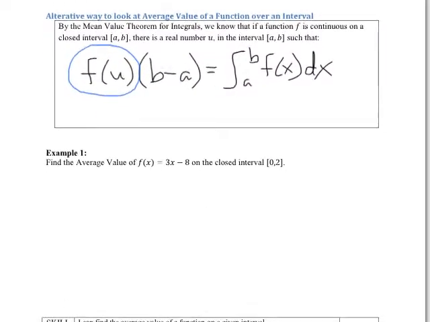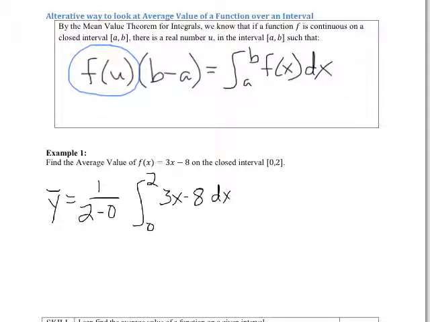So let's use that. Find the average value of the function 3x minus 8 on the closed interval 0 to 2. Our average value equation says y bar is equal to 1 over 2 minus 0 times the integral from 0 to 2 of 3x minus 8 dx.